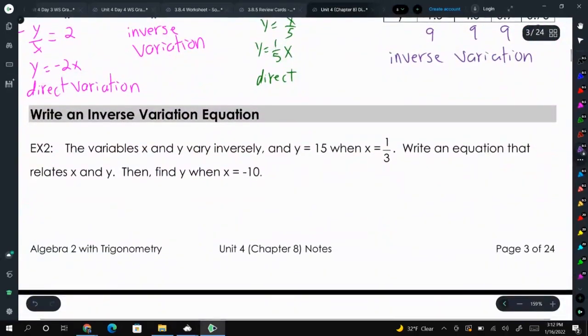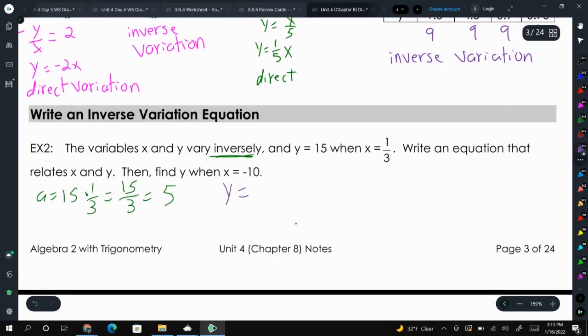So down here, I want to do this problem. The variables x and y vary inversely, and y is 15 when x is 3. Write an equation that relates x and y, then find y when x is equal to negative 10. Since we know this varies inversely, to get our a value, we can do 15 times 3, which is 45.